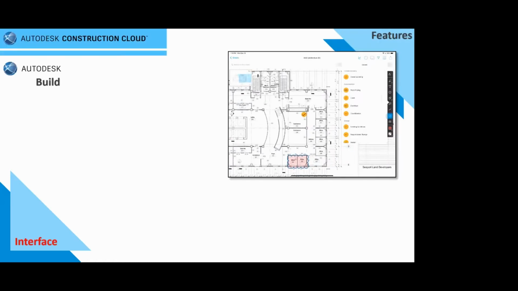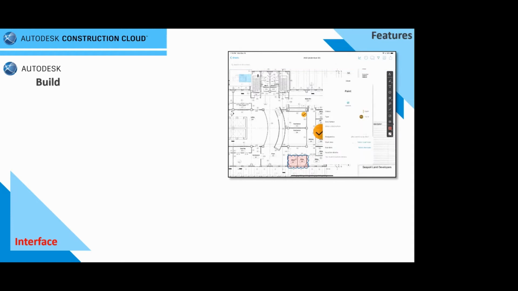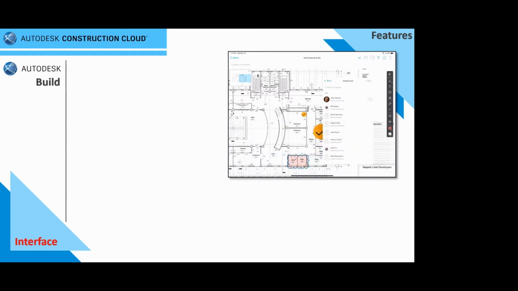Now, there are some cool features that come along with the ACC Build. And one of the main features now that has been improved upon, if I could say, is the interface. So again, features improved would be the simplistic navigation of the interface.